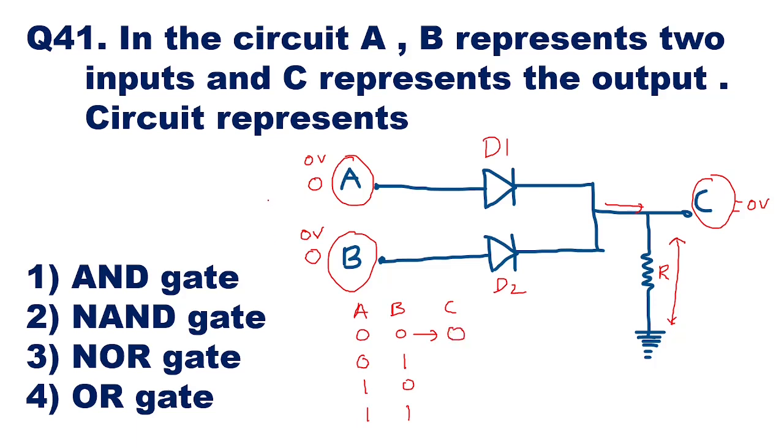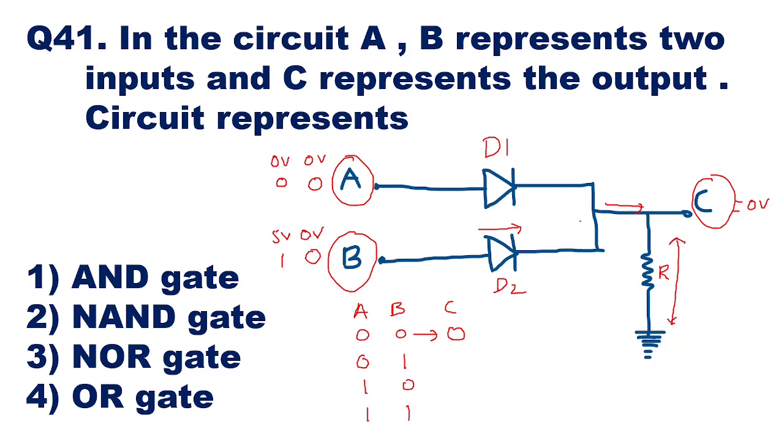Now, when the inputs are a combination of 0 and 1, say A is 0 and B is 1, the 0 for A is 0 volt and logic 1 for B is 5 volt. Electrically it is 5 volt. Now when it is 5 volt, diode D2 will conduct, whereas D1 will not conduct.